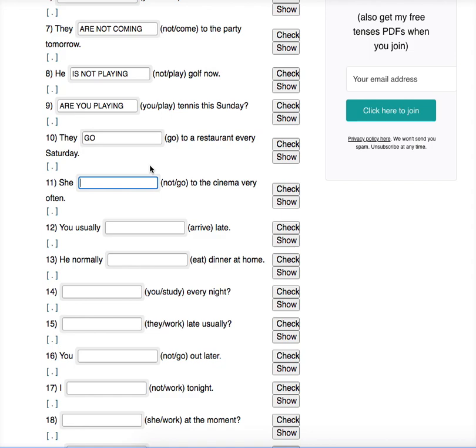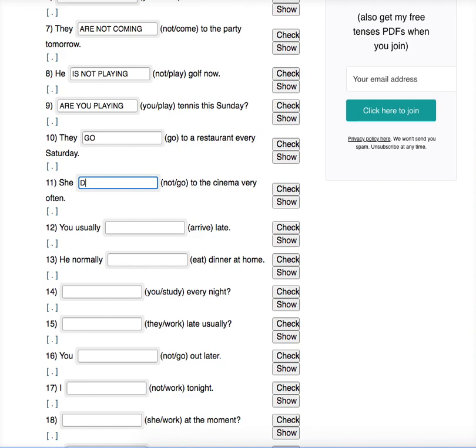No se me enreden, amores. Verbo to be con ing es continuo. Simple, you have an auxiliary verb that begins with D. So she don't or doesn't.